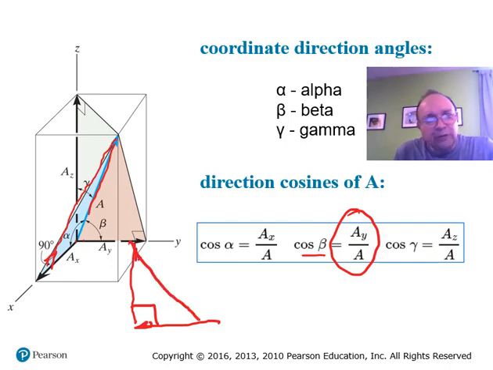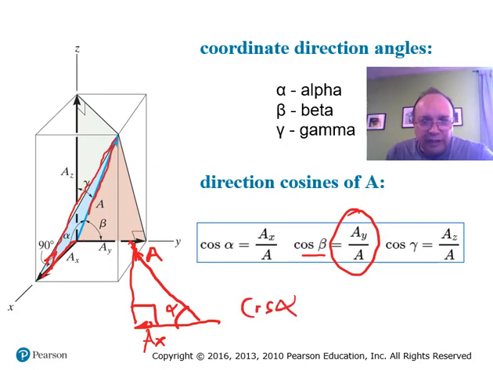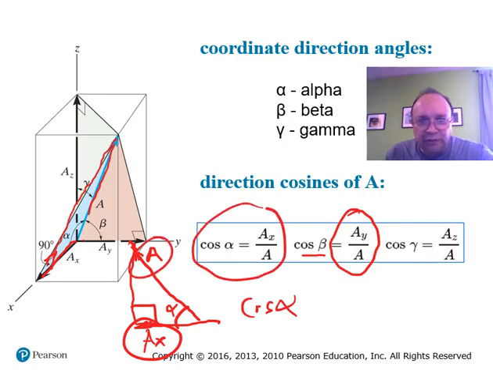That will be the blue vector A. This at the bottom on the floor will be this A x, and this angle will be alpha. Even though it doesn't look very much like it, this is the blue triangle on the 3D picture. And the cosine of alpha will be A x over A. So that's this expression here. Cosine of alpha is A x over A.